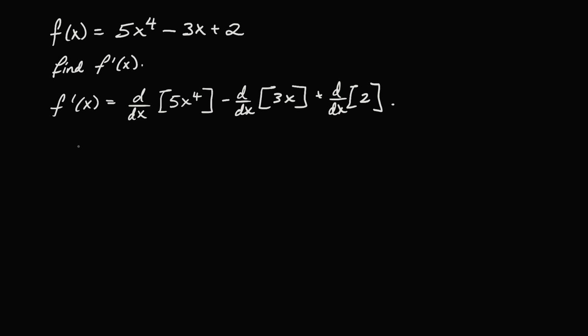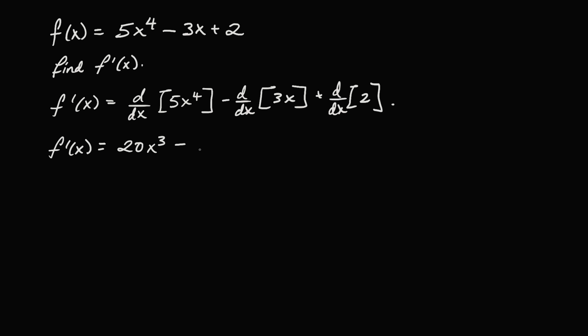Alright, so now let's start evaluating. So f prime of x equals the derivative of 5x to the 4th power, which is just going to be 20x to the 3rd power because of the power rule.